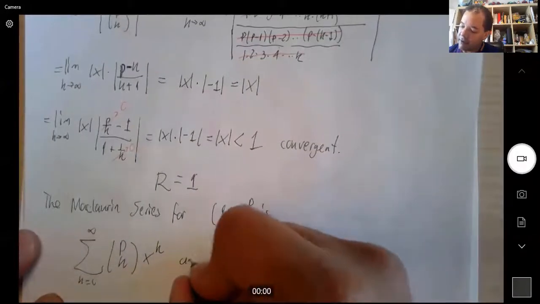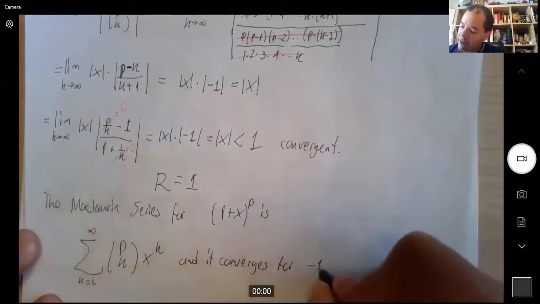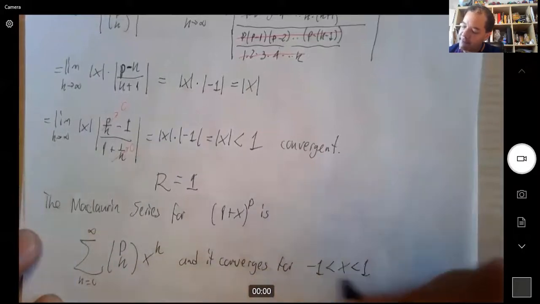And it converges for -1 less than x less than 1.